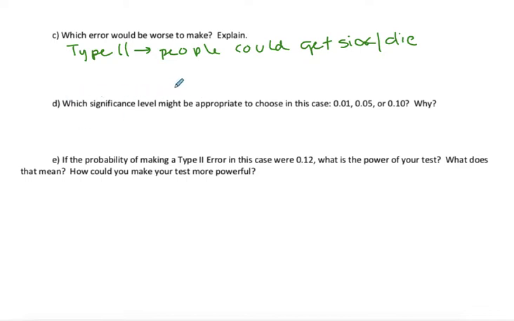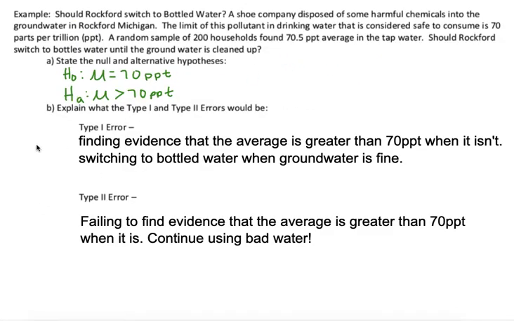So which significance level might be appropriate to choose in this case? Okay, so that's where we want to try to think, okay, if this is about alpha, that's my significance level. This is 1 minus beta. That's how I find the error of my type 2. Okay, I want to think about controlling this. This is not that bad of a mistake.